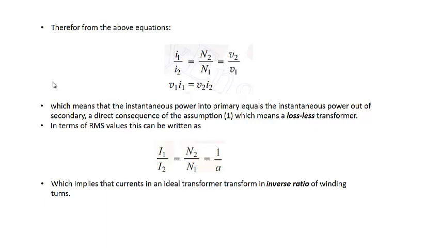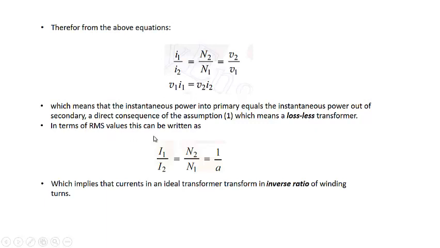Transformer does not consume any power. This is actually the consequence of the first and fourth assumptions. In the first, we assume resistance is zero, so there will be no copper losses. In the last one, we assume core losses are zero, which is also active power loss. So in that case, this result is very relevant.